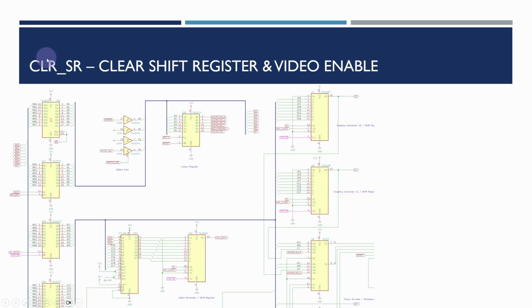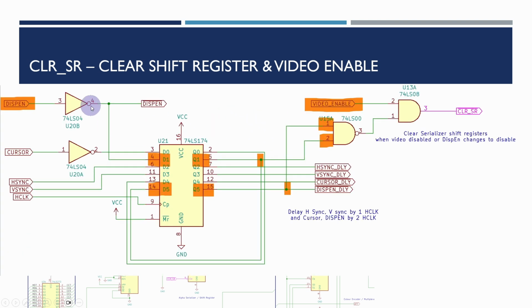There's one other bit that a number of the registers in the original design, where you can see these pink bits, there is a clear shift register value, which is how the video enable is actually implemented. And what actually happens is that if the video enable coming in here is set to 0, so disable output, then this signal here will go low, which will clear the various latches and output shift registers.